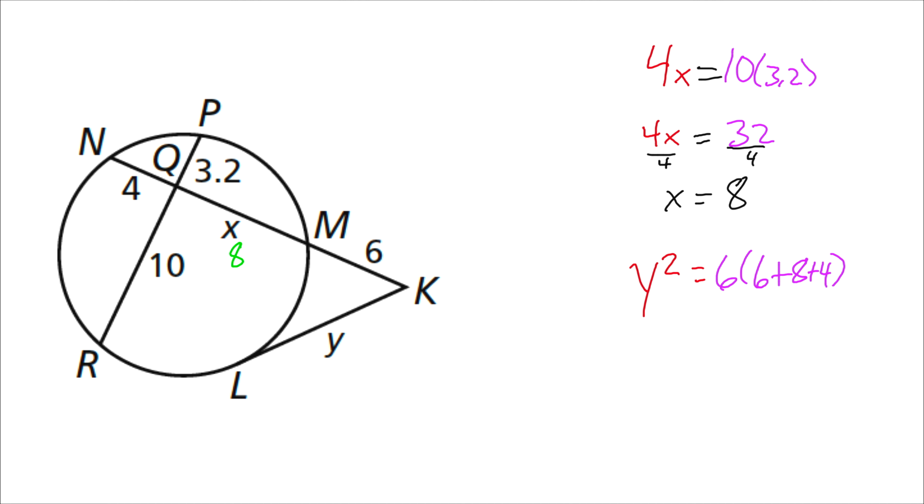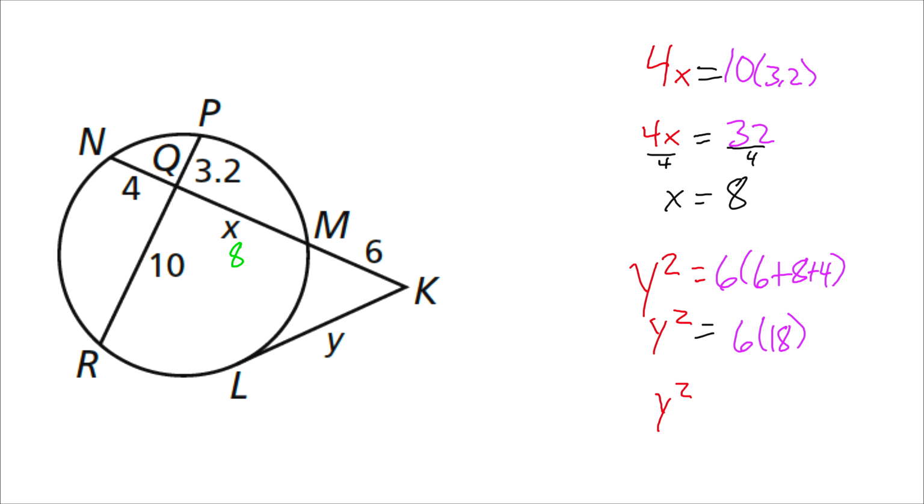Okay, so that's actually 6 times 18. So y squared equals 6 times 18. So let's see. 6 times 18 is going to be, well, that's 12 less than 6 times 20. So that's going to be 108.